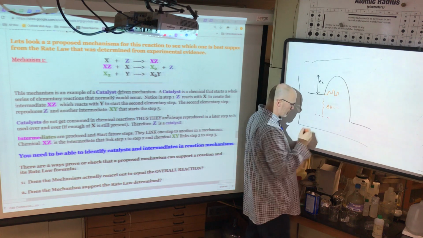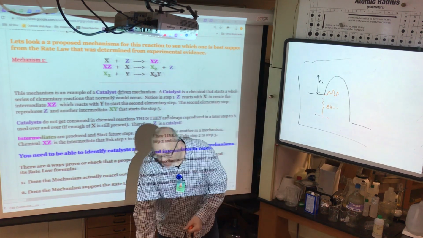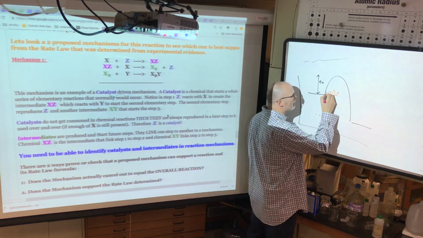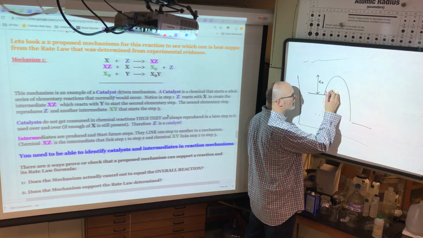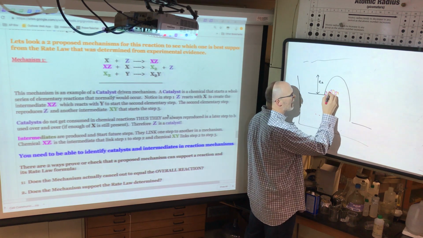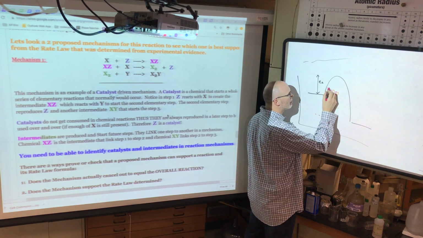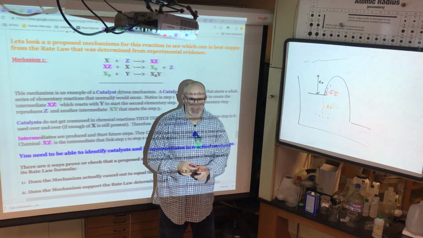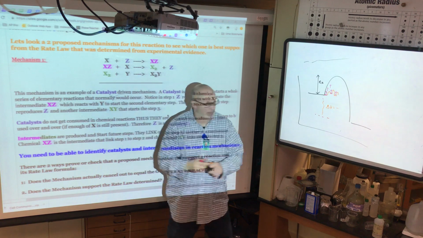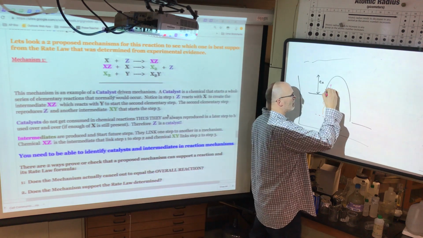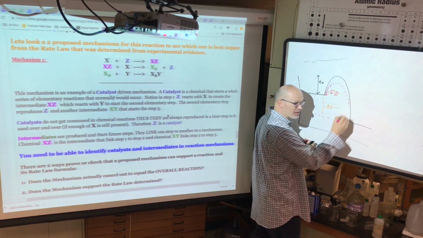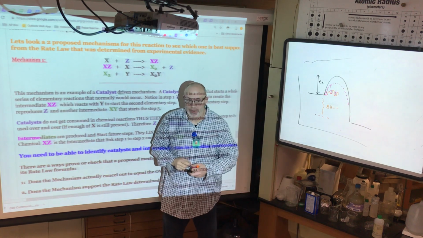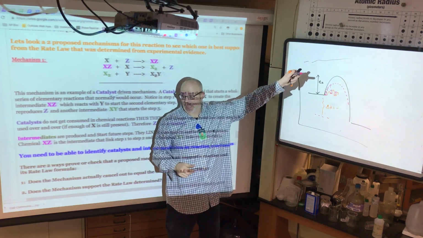But if I measure these three activation energies and I add them together, the collective activation energies of those three steps is what? Less than the activation energy of the one step.